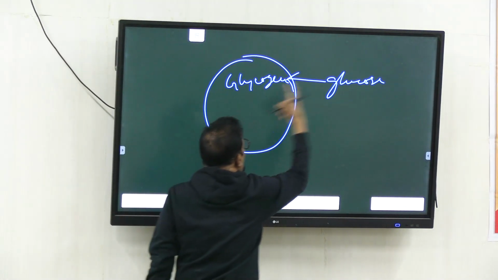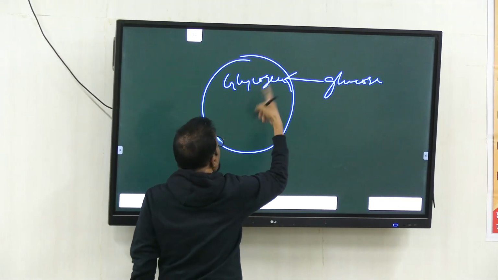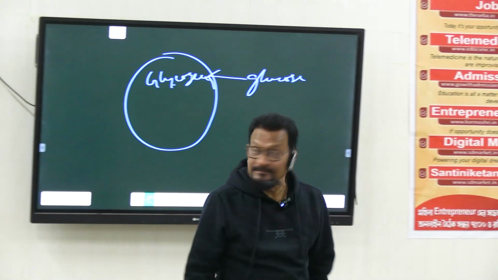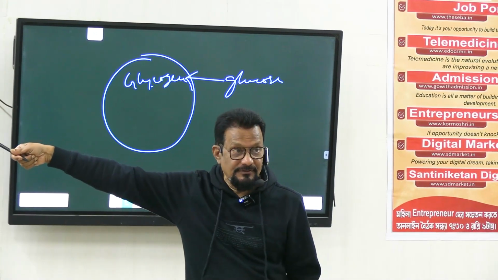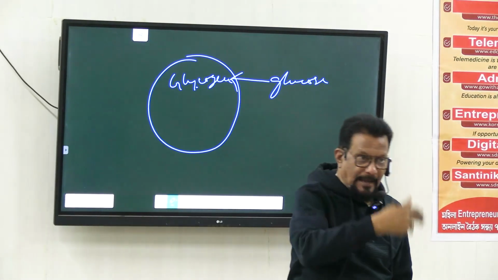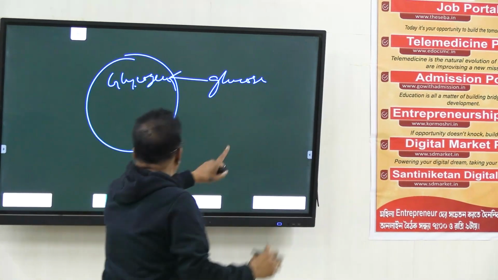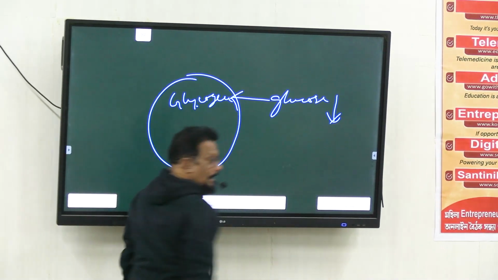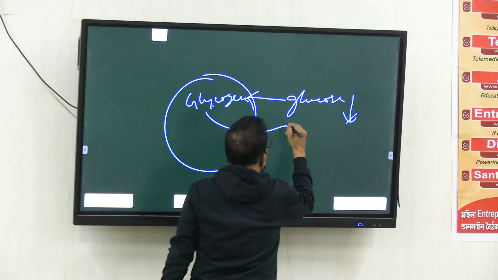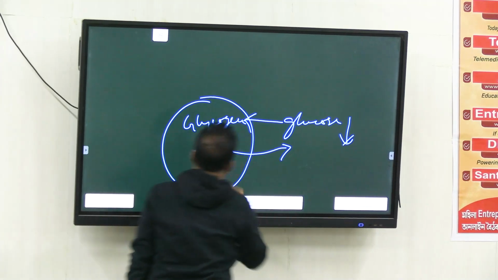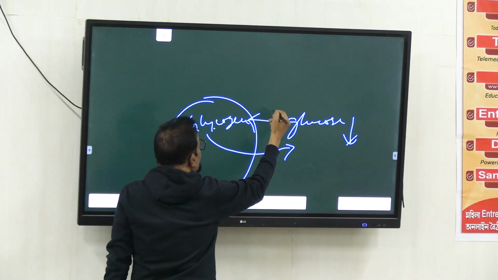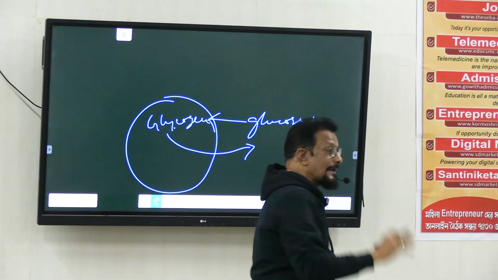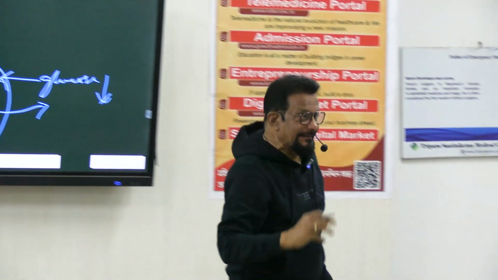At that time it took up glucose and converted it into glycogen by the process of glycogenesis. So by glycogenesis, it converts glucose into glycogen. Now when blood sugar level came down, this will be broken down into glucose by glycogenolysis. So liver has another mechanism by which it can increase the blood sugar level.